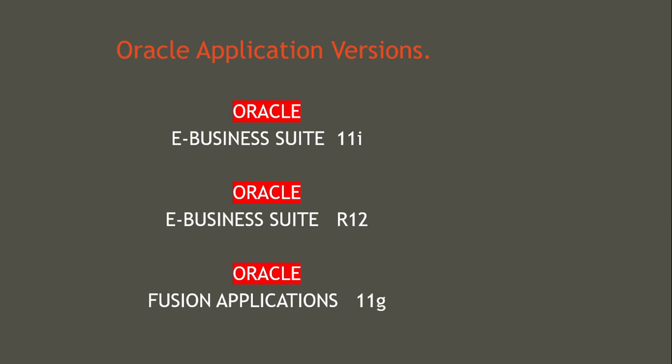So Oracle acquired the HRMS product from PeopleSoft, and from that it acquired all other best applications based on the area of the application, and fused them together. Fusion means bringing them together, and from there they built Oracle version 11G. Okay.